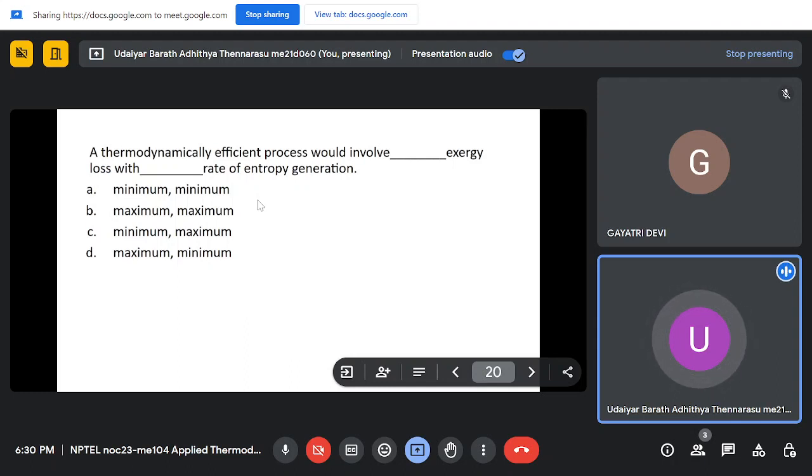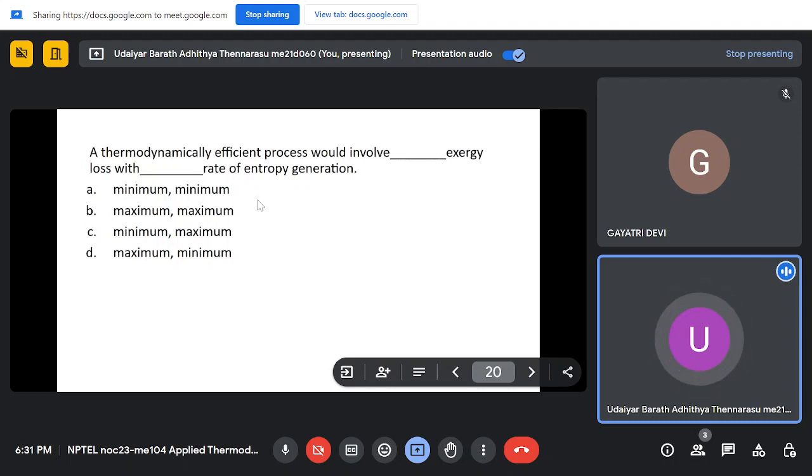Next is, a thermodynamically efficient process would involve dash exergy loss with dash rate of entropy generation. So we have to say whether minimum or maximum. For a thermodynamically efficient process, this will happen when you have minimum exergy loss and minimum rate of entropy generation.